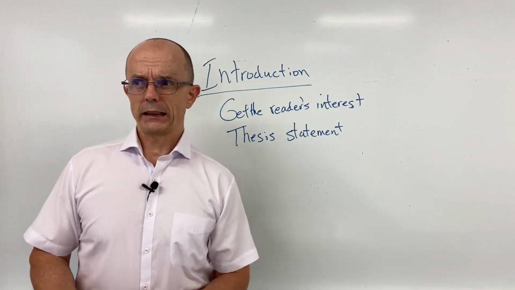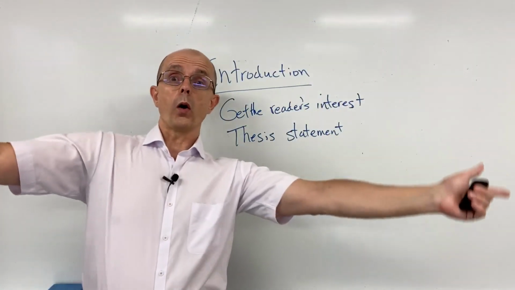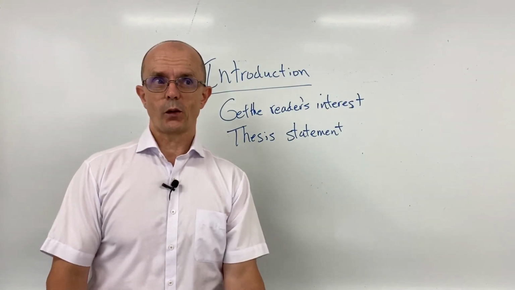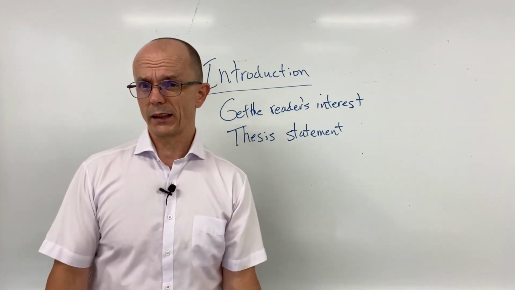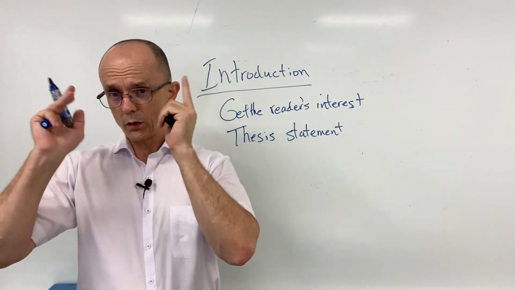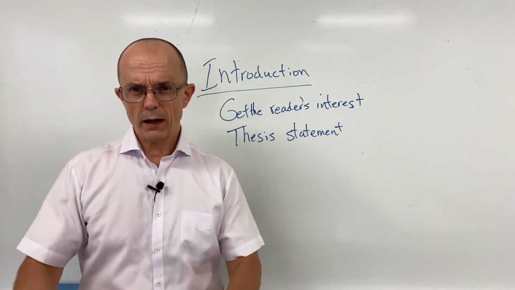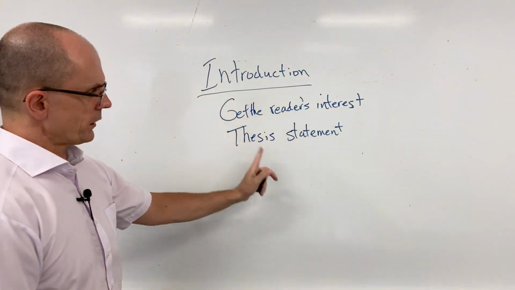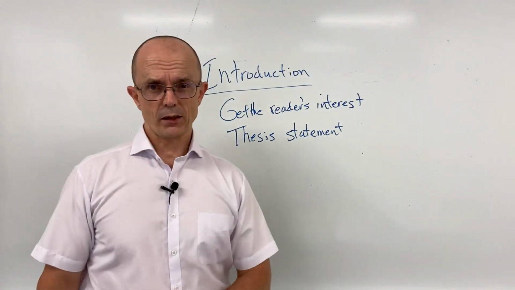It's not easy to write to all high school students who are interested in studying English. It's a lot easier for us as writers to just pick one and think about how I can reach that one. So I'm going to get the reader's interest, and then I'm going to give my thesis statement.